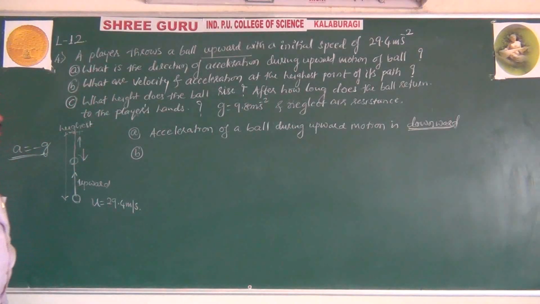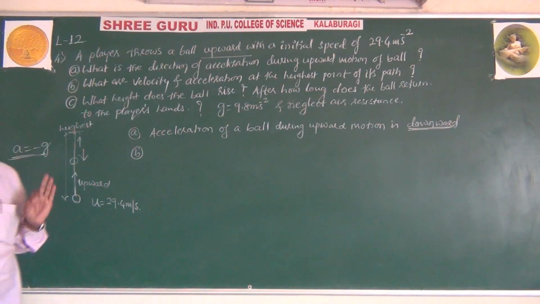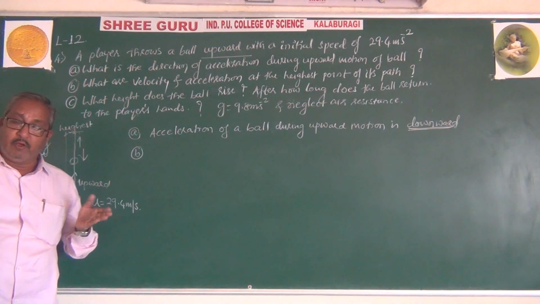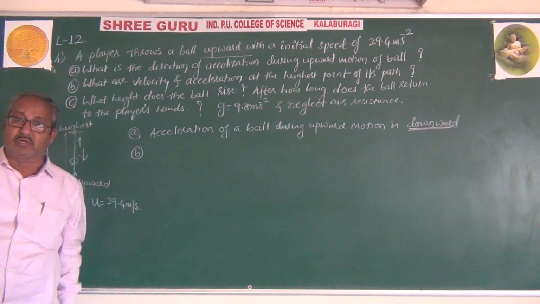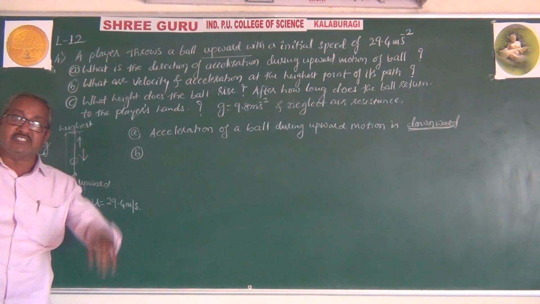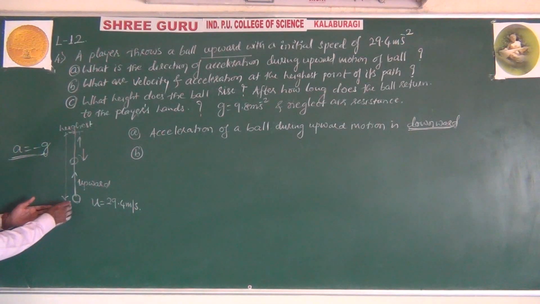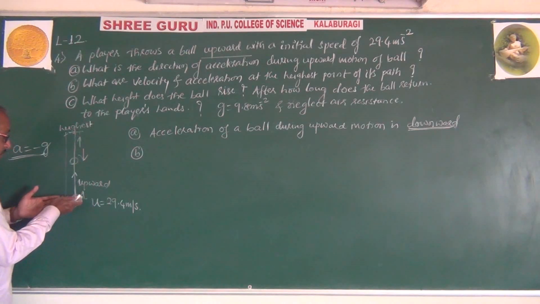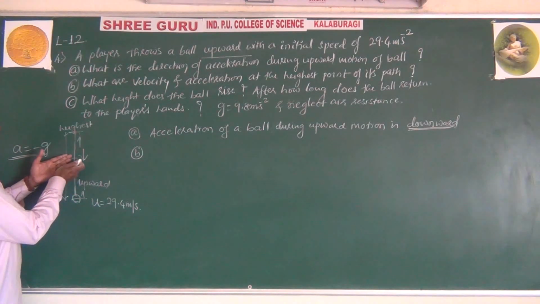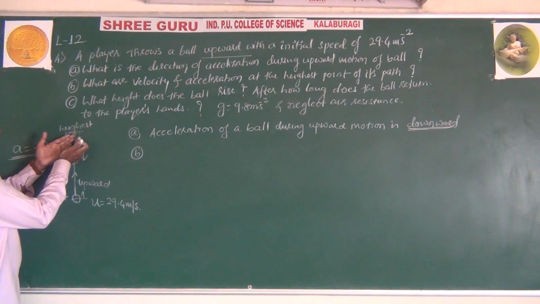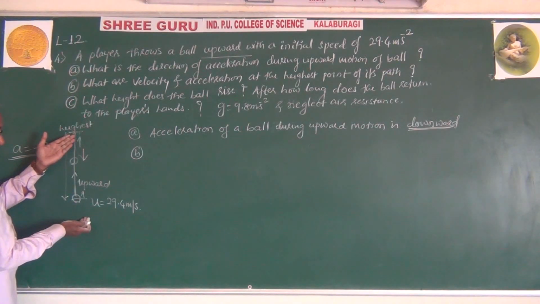What are the velocity and acceleration at the highest point? When a ball is thrown vertically upwards, its final velocity at the top is 0. Whenever it is going up, its speed goes on decreasing because acceleration is in the downward direction.